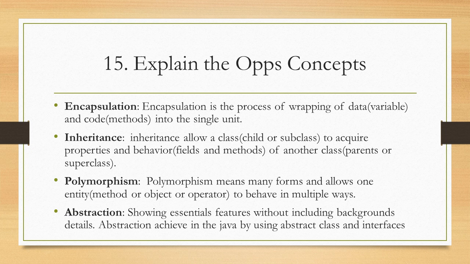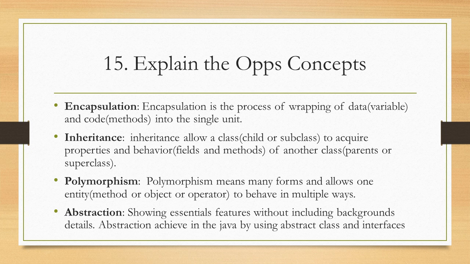And the fourth one is abstraction. Abstraction means showing essential features without including the background details. Abstraction is achieved in Java using abstract classes and interfaces. A real-time example of abstraction is a washing machine display. We don't know the functionality inside the washing machine, but in the display we know only the features they are giving.